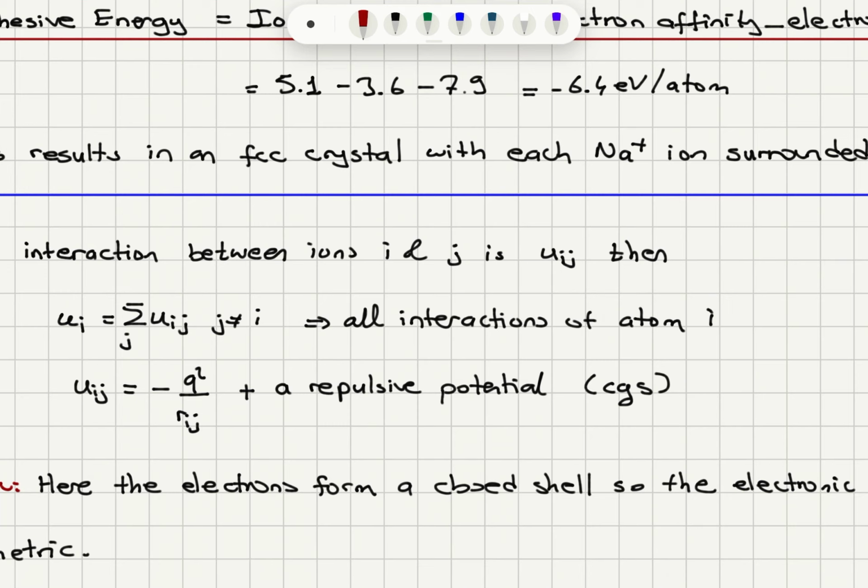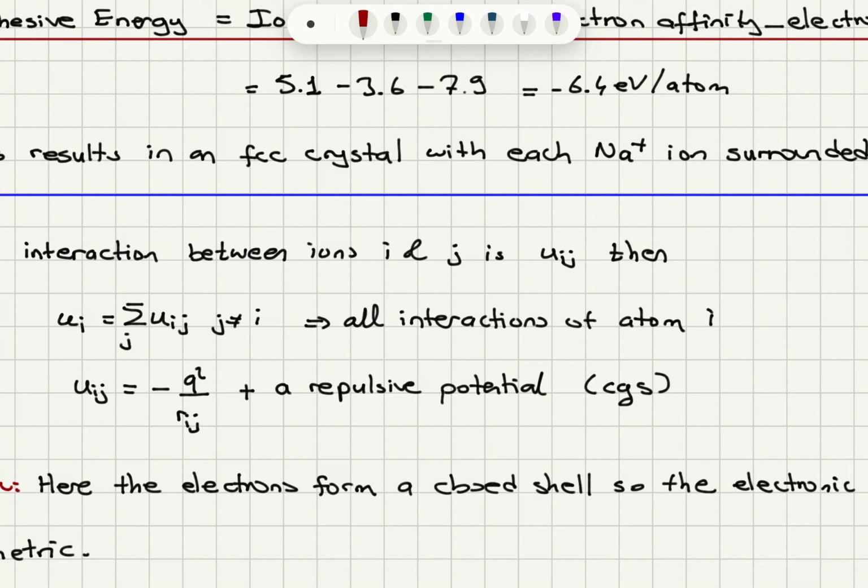So Uij is equal to minus q squared over rij. So we have a positive and a negative charge that are interacting, so then this would be minus q squared over rij. The sign will depend on the interactions between positive-positive, positive-negative, or negative-negative ions.